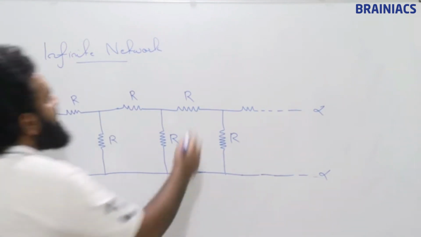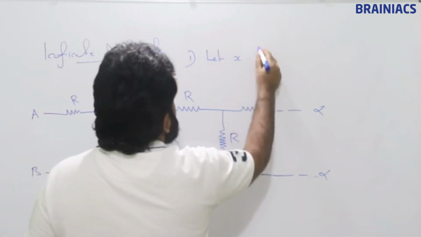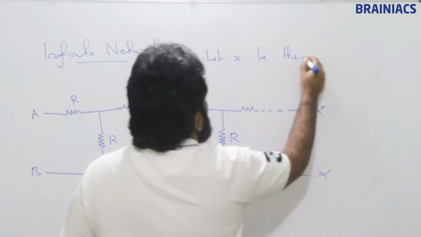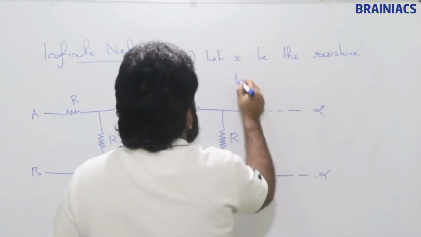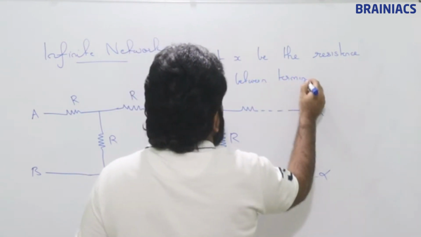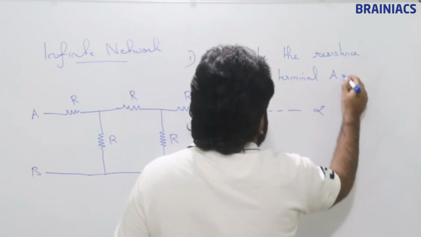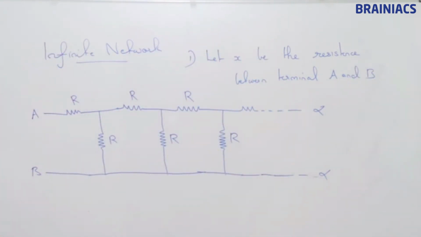So step 1 is, let X be the resistance between terminal A and B. This is point number 1.